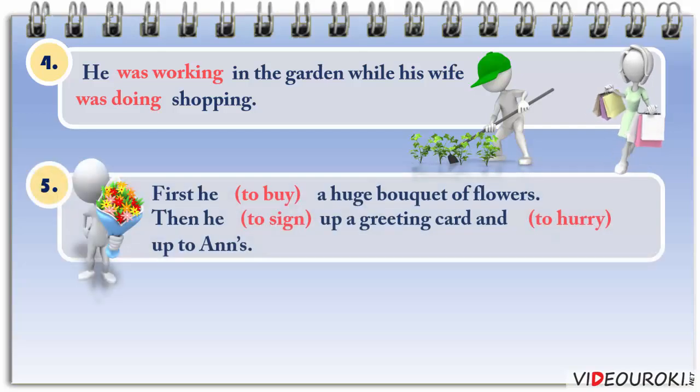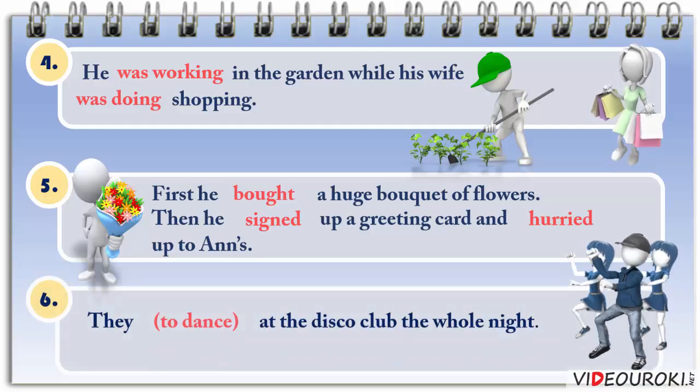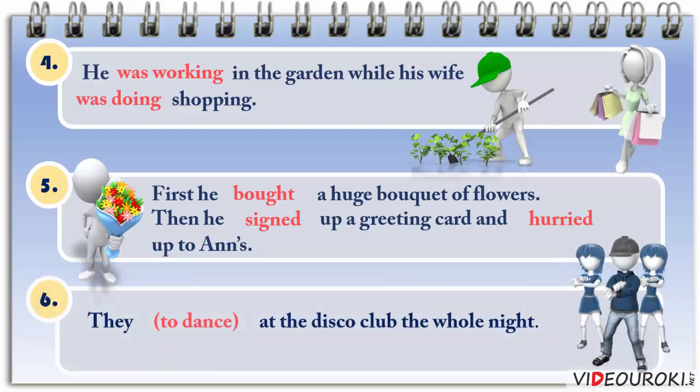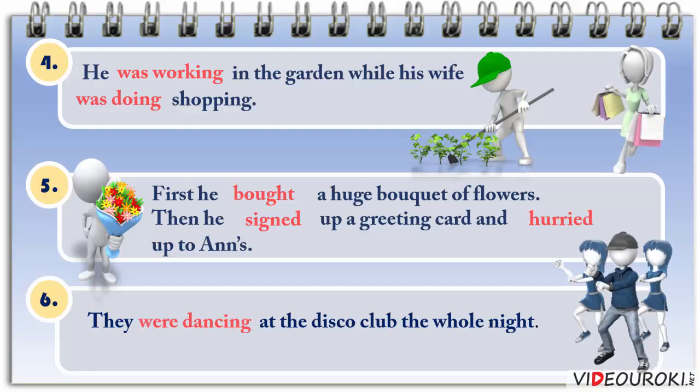Number 5. Now check yourselves. First, he bought a huge bouquet of flowers. Then, he signed a greeting card and hurried to Anne's. Number 6. Now check yourselves. They were dancing at the disco club the whole night.